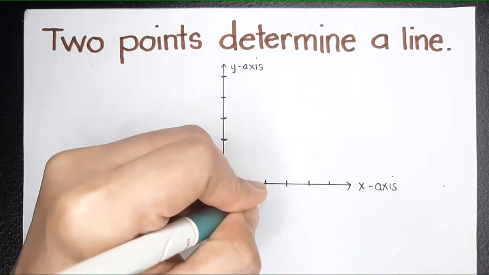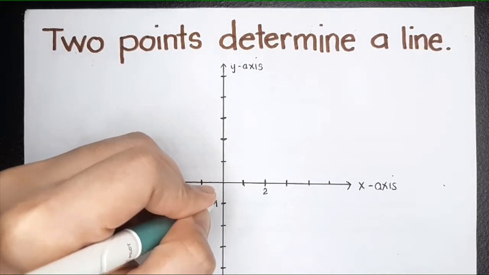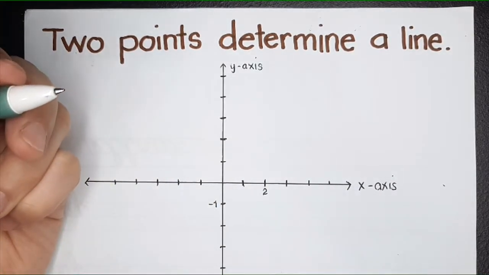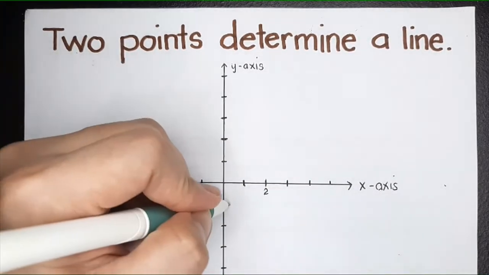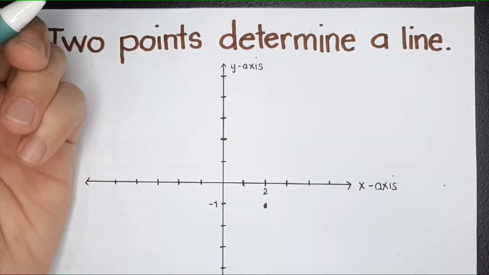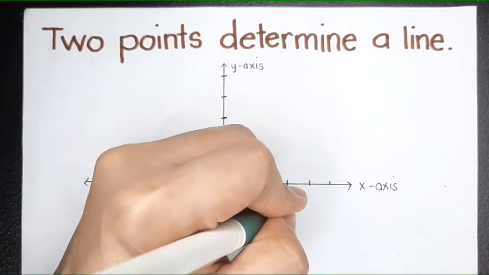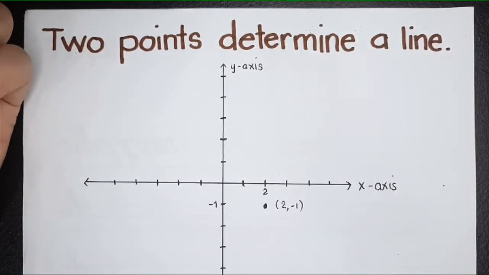Andito yung 2. And then, where is -1? Here. Right? So, the point 2, -1 is located here.